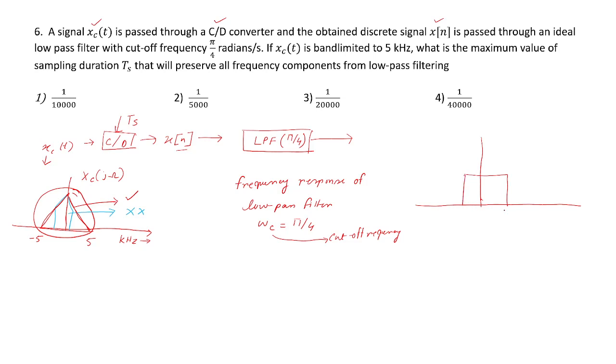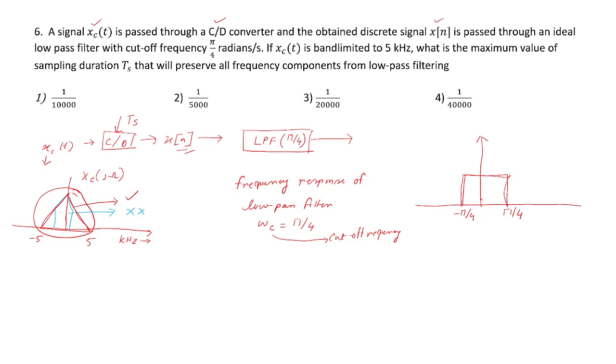By the way, in the discrete domain, your maximum frequency content can go up to pi. 2 pi is the maximum limit, so your maximum frequency is going up to pi. So in the discrete domain, your low pass filter frequency response is going to look something like that. The low pass filter is going to remove all the frequency components of x[n] which fall outside this pi by 4 range.